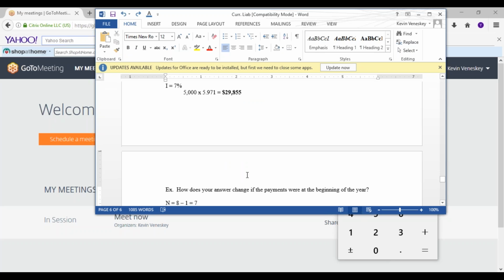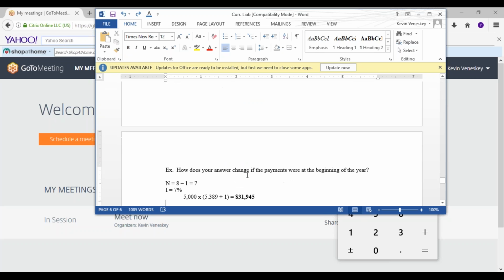Now, how does that change if we have a beginning of the year payment instead of an end of the year payment? Well, we do have to do the little tweak at that point. So instead of N as 8, we're going to subtract 1, so we're going to use 7. Same I. When you look that up on the chart, it's 5.389.